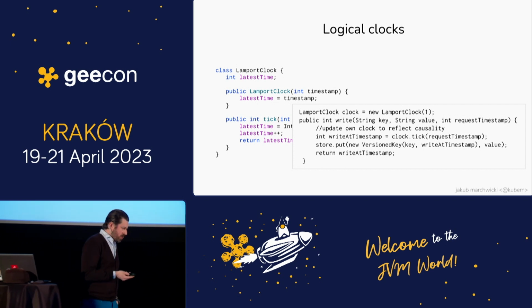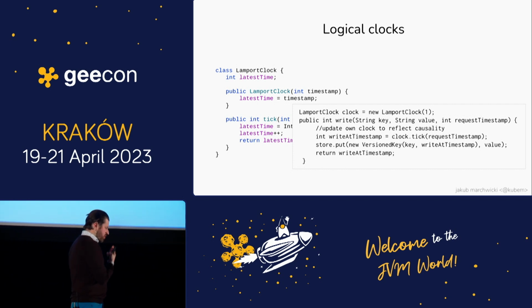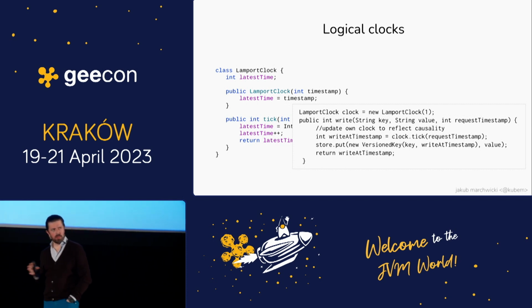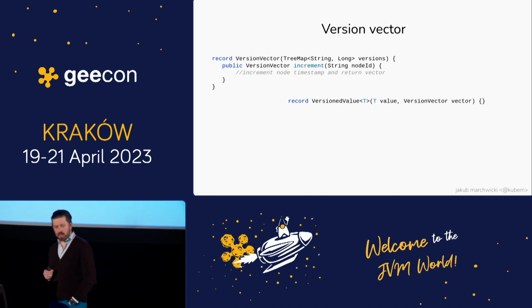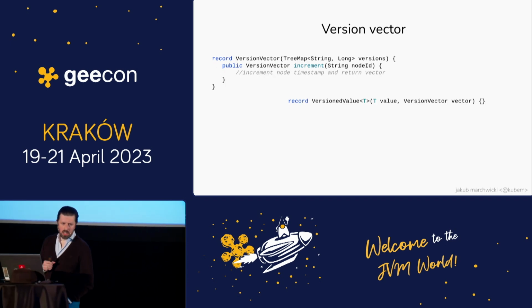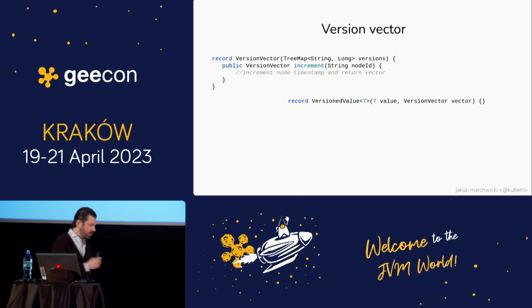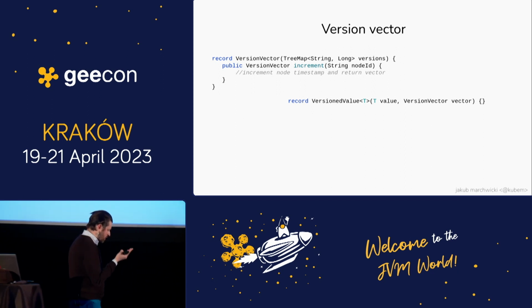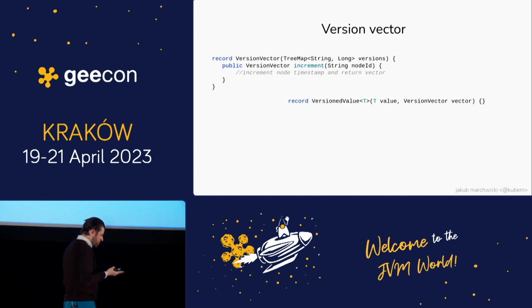Can we stretch this idea to multiple servers? Because we have just a single value here, which is not really relevant if we have 3 or 5 or more nodes. Yes, we can. There is a concept of vector version. So we don't hold just a single value.